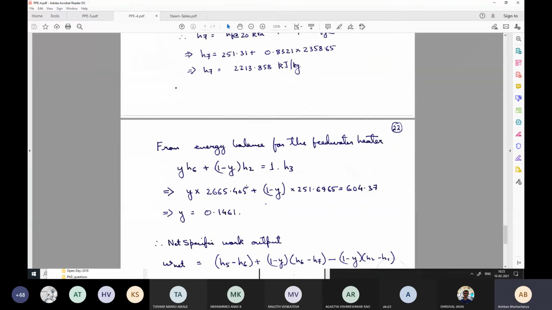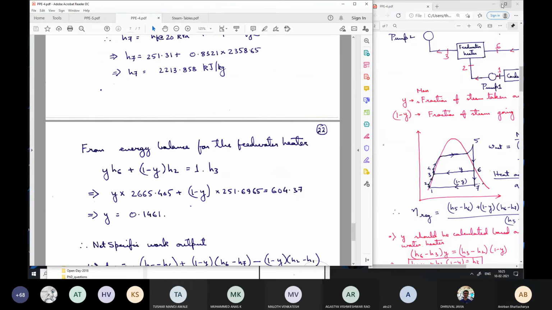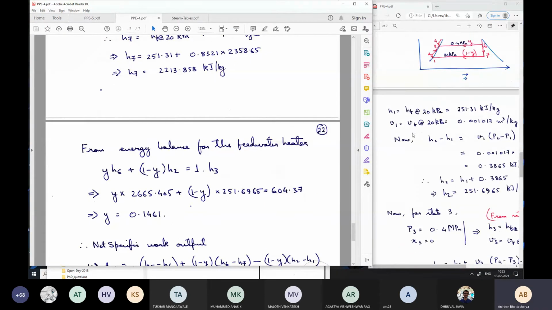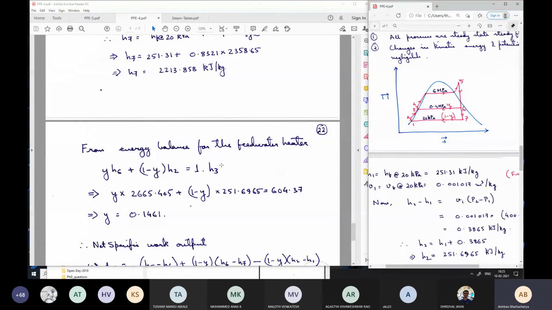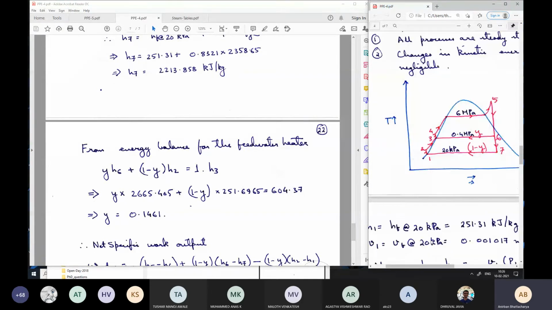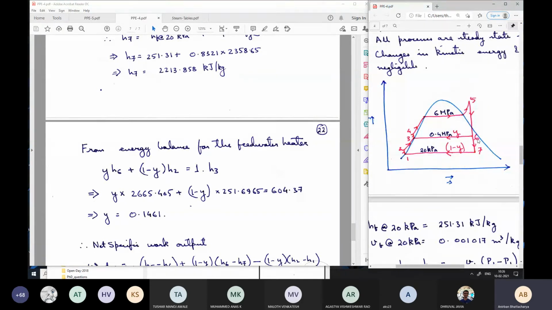This is for the problem. So y into H6. The energy that is coming to the feed water heater from the turbine is H6, and it is being brought by a fraction of steam equal to y. So y into H6 plus 1 minus y into H2. So liquid water comes at state 2 with the mass flow rate of 1 minus y.